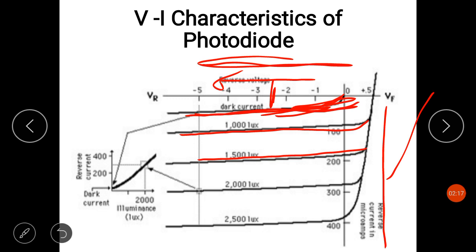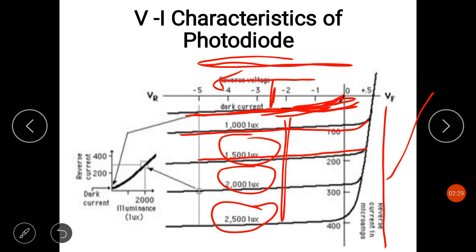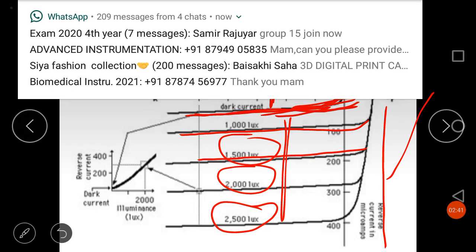Now as we keep on increasing the illumination, this is showing 2500, 2000, 1500 lux. This is the luminous flux intensity. If we keep on increasing the illumination at the PN junction, at the depletion region of the photodiode, that is, on increasing the intensity of light, the reverse current also increases linearly.